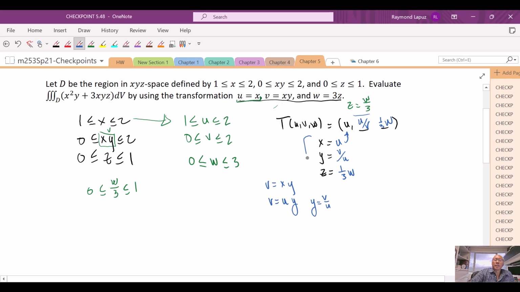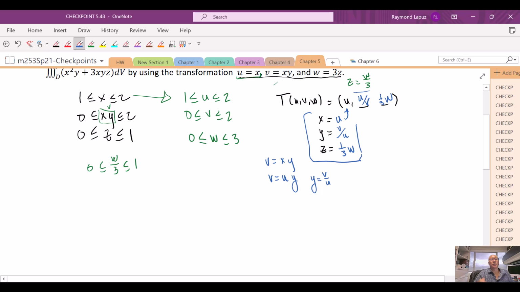Okay, so basically these three functions will help us find our Jacobian. To find our Jacobian, we need the x, y, z functions as functions of u, v, w. And this will give us a 3x3 matrix of derivatives.